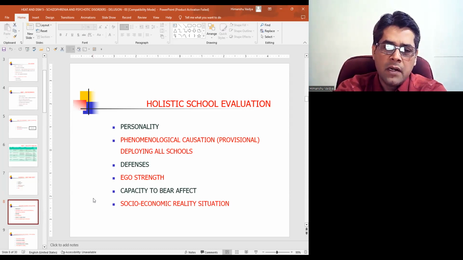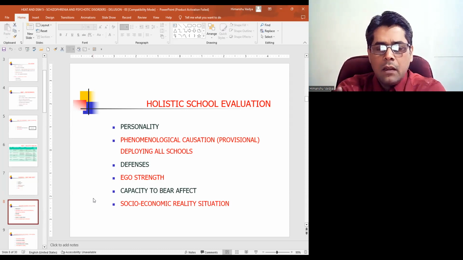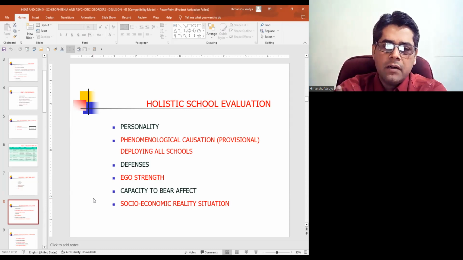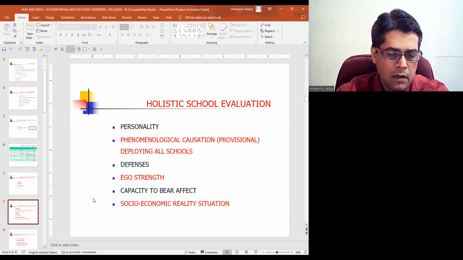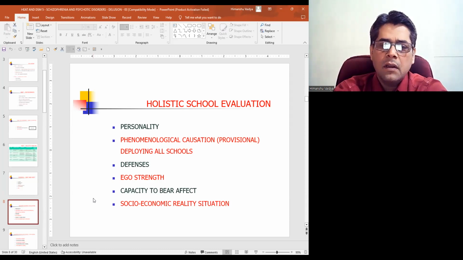And if the affect generated is low, even if the capacity is moderate, you would still be able to successfully deal with the affect. So capacity to bear affect is relative to the affect generation. Then there is the socio-economic reality situation, which can easily cause everyday disintegration of the self, everyday injury to the ego.